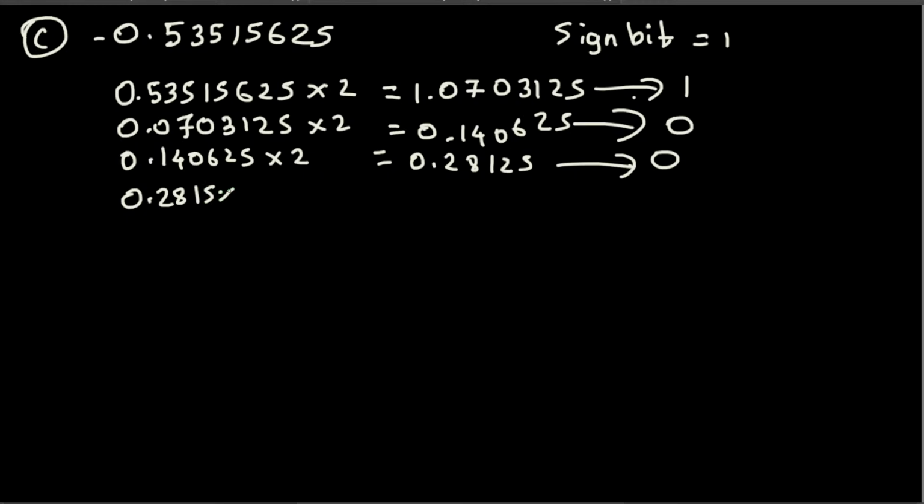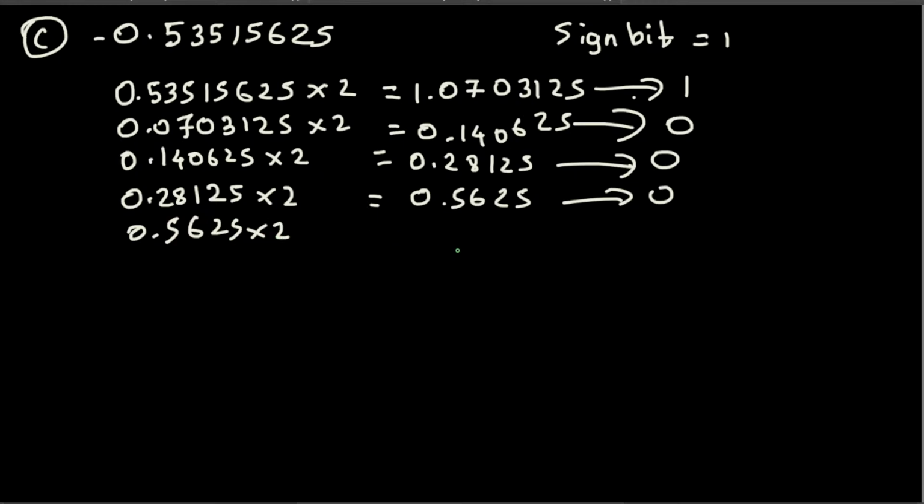And then 0.28125 multiplied by 2 gives us 0.5625. Here also we have 0 in front, and then 0.5625 multiplied by 2 gives us 1.125, and here we have 1 in front of the decimal point.